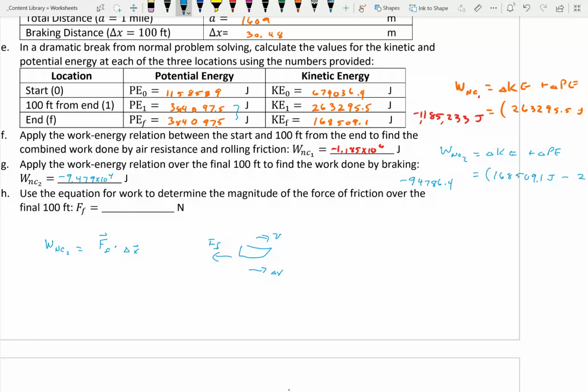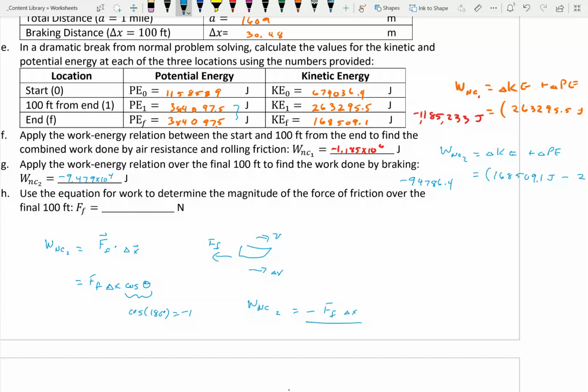And so force of friction and delta x are 180 degrees from each other. Cosine of 180 degrees is minus 1. So I have my work non-conservative 2 is equal to minus the force of friction delta x.